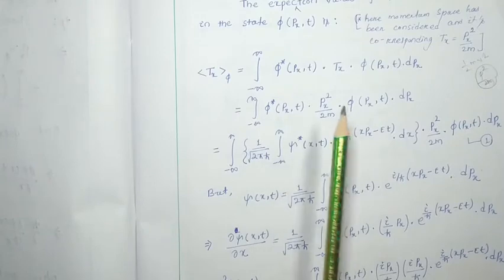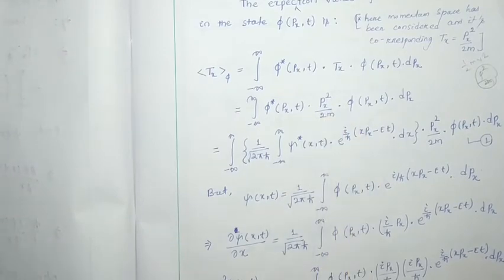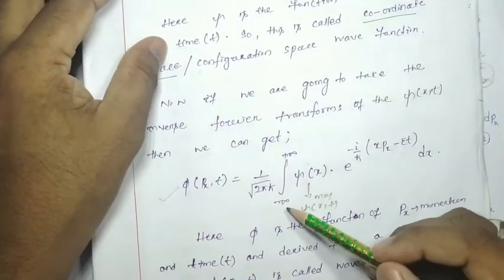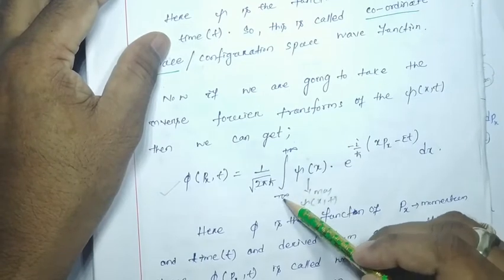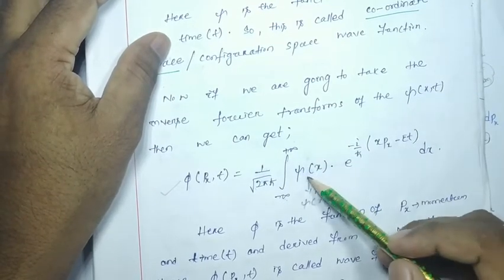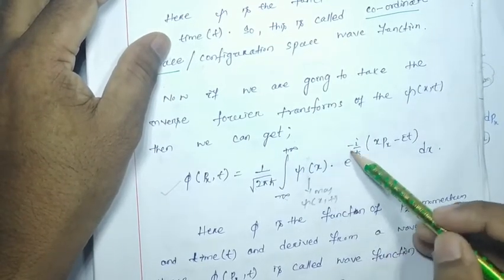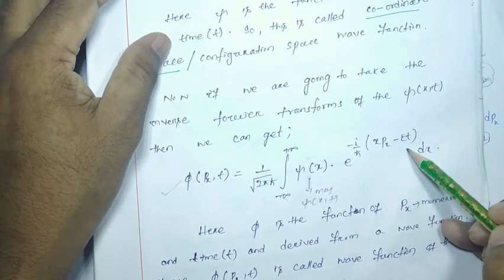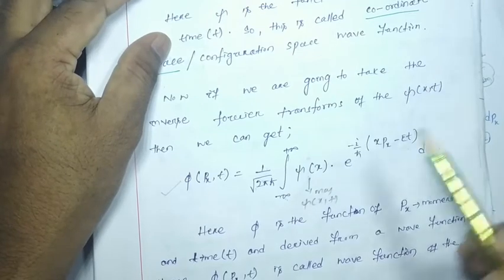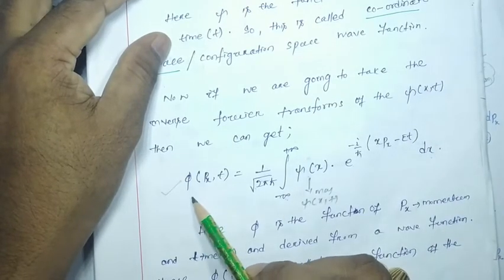Previously we discussed that phi (px, t) is nothing but 1 by root over 2 pi h cross, integral from minus infinity to plus infinity of psi (x, t) e to the power minus i by h cross (x px minus E t) dx. This is the phi (px, t).